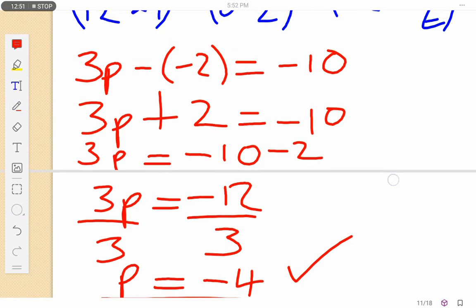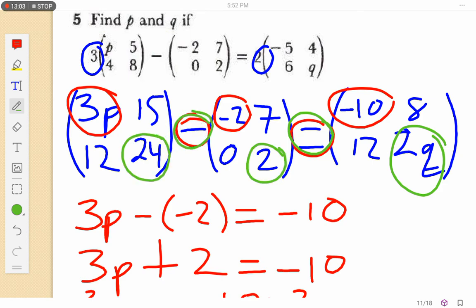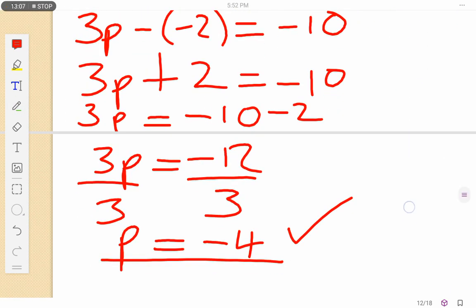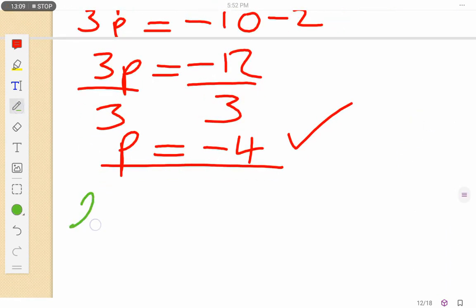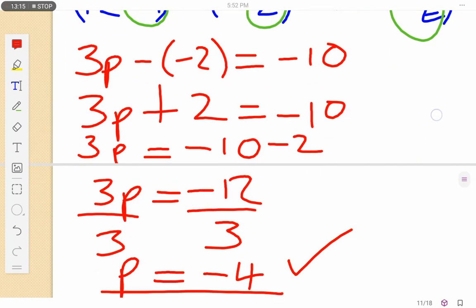Let's do for our q. Our q is at this corner, so we'll take that one, the sign, this one, the sign, and this one. Okay, so we'll have 24 minus 2 is equal to 2q.